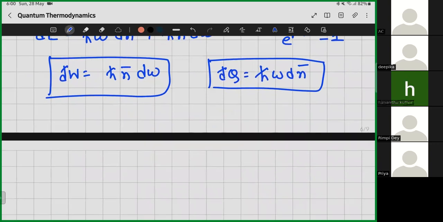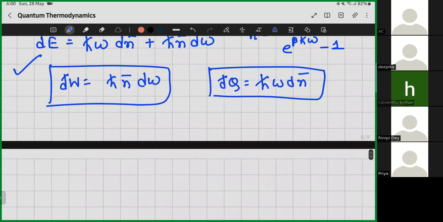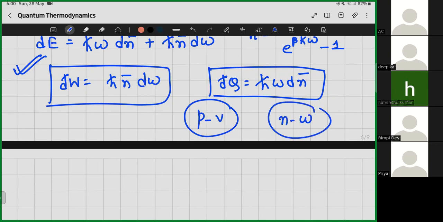Now, using this definition of work and heat, I will introduce the thermodynamic cycle, analogously with the classical cycles we discussed before. In the classical cycle we use P and V. Here we will use n and omega.